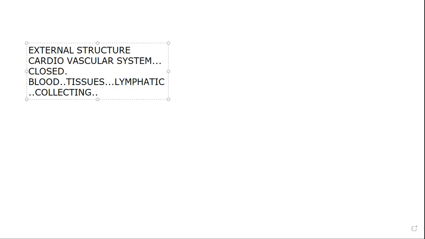Whereas the cardiovascular system is a two-way traffic. It collects blood and it distributes blood to various parts of the body. The main pumping organ of the cardiovascular system of man is known as the heart. We can see that the main function of the heart of man is the circulation of blood through the blood vessels.